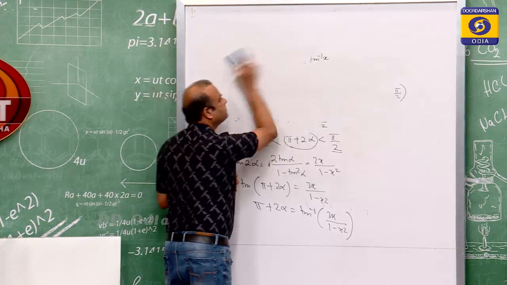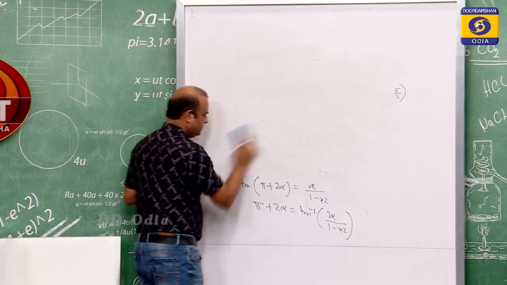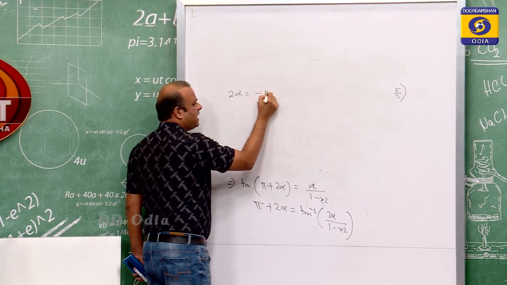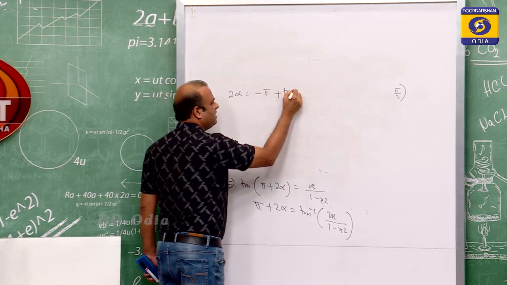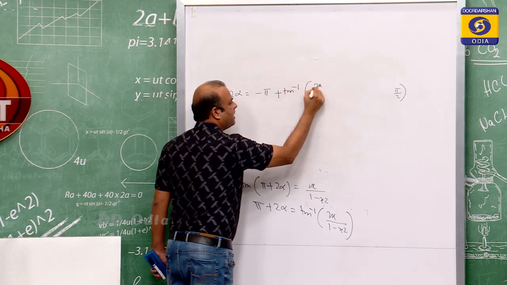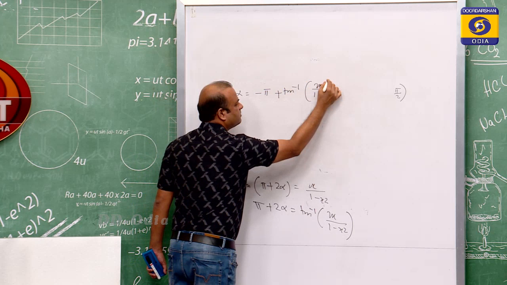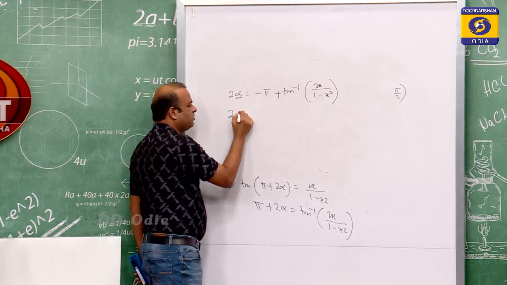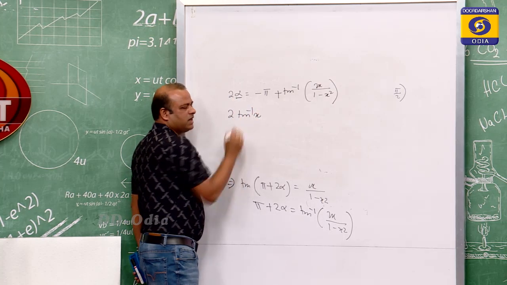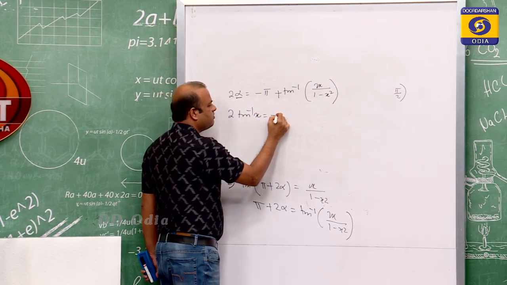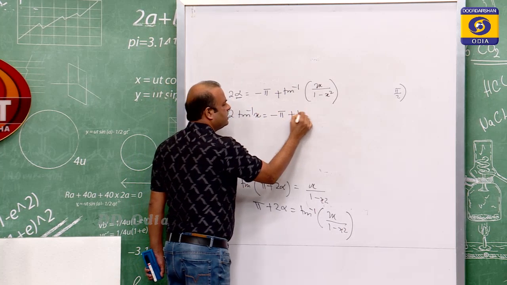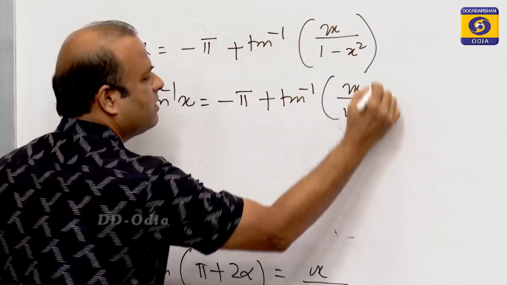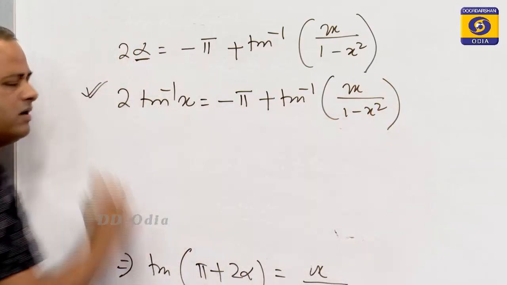So you get 2 alpha is equal to minus pi plus tan inverse of 2x by 1 minus x square, right? So 2 alpha is your 2 tan inverse x. 2 tan inverse x is equal to minus pi plus tan inverse of 2x by 1 minus x square. So you get the formula.